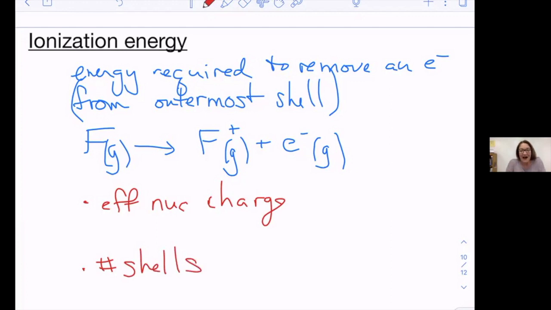If something has a higher effective nuclear charge, then that's going to make it harder to remove an electron from.